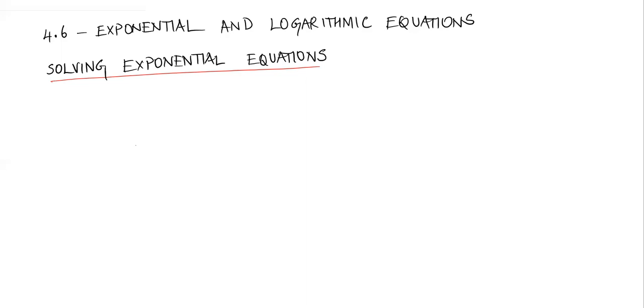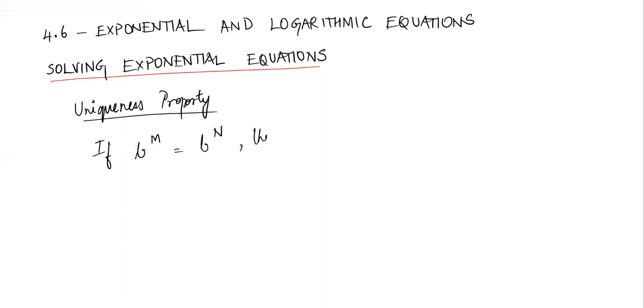It's also known as one-to-one sometimes. Uniqueness property is what I would like to call it. That's what I have seen in other textbooks too. I'll just say property. And this property says if b power m is equal to b power n, then m equals n.